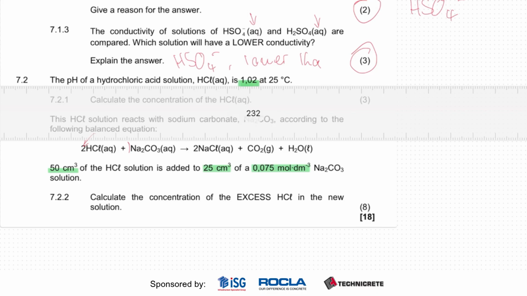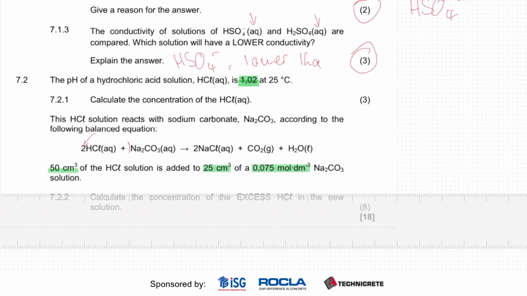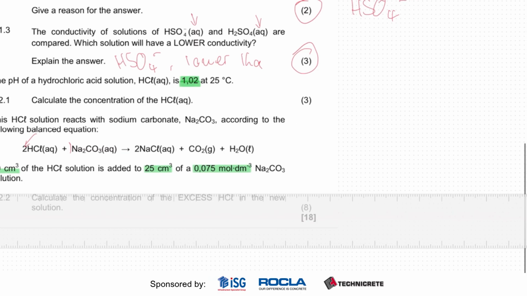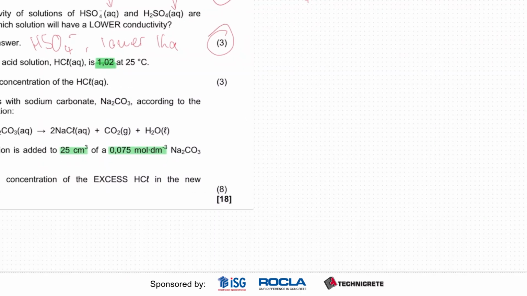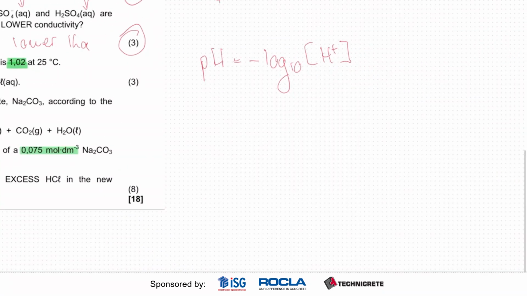They give us the pH. The pH is given. And they say calculate the concentration. Okay, now it's simple. I was wondering if there was missing information here. This is what we're going to do to calculate. So if the pH is 1.02, we want to get the concentration of H plus.